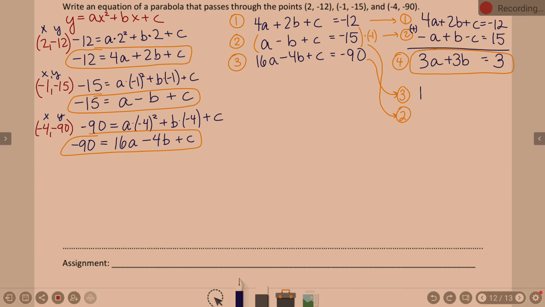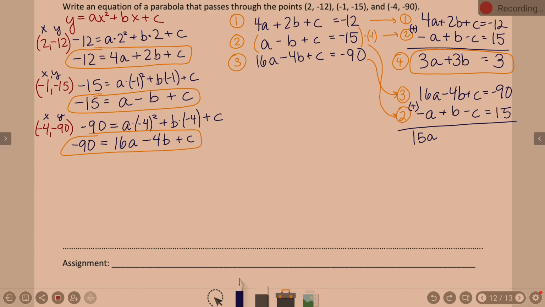So 3 is 16a minus 4b plus c equals negative 90. 2, negative a plus b minus c equals positive 15. Add. 16a plus negative a is 15a.